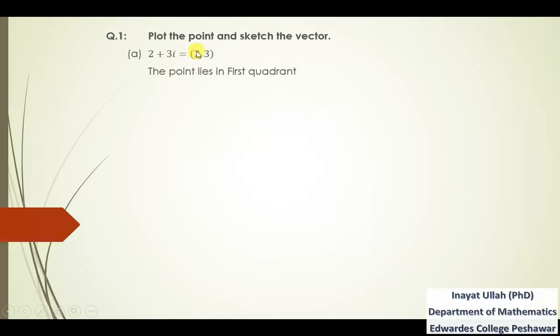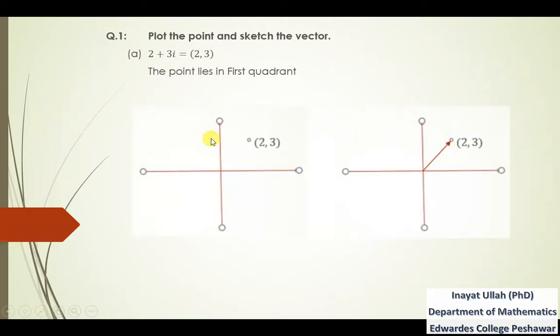So how could we plot this point? Taking 2 units along the x-axis and 3 units along the y-axis, and joining these two, that is (2, 3). So that is the point notation for this complex number.